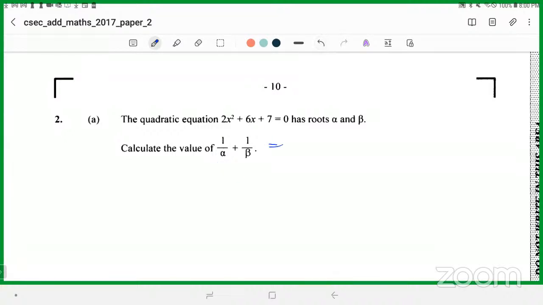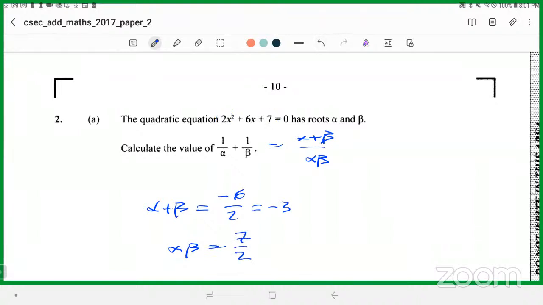Now we can write what this is equal to. This is equal to (alpha + beta) over alpha beta, because it's just 1 over alpha plus 1 over beta. The alpha plus beta is minus b over a, so it's minus 6 over 2, which is negative 3. And the alpha beta is c over a, so it's 7 over 2.